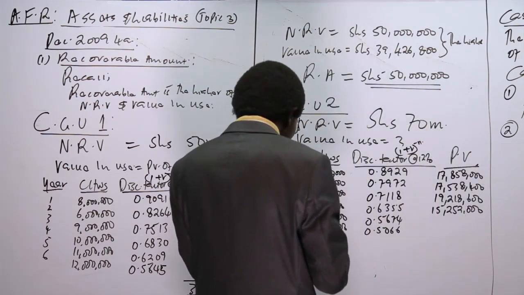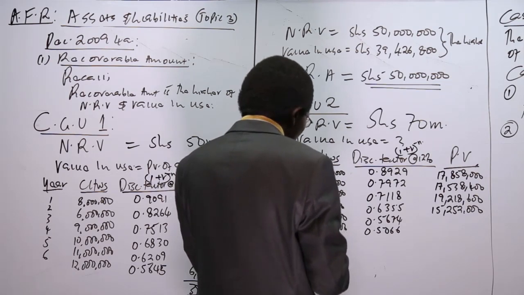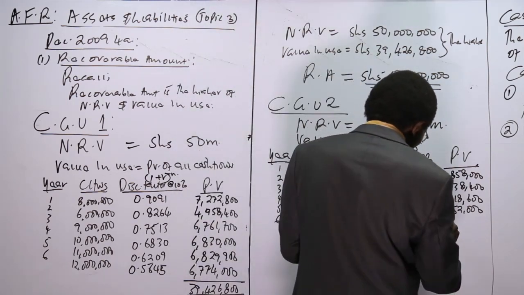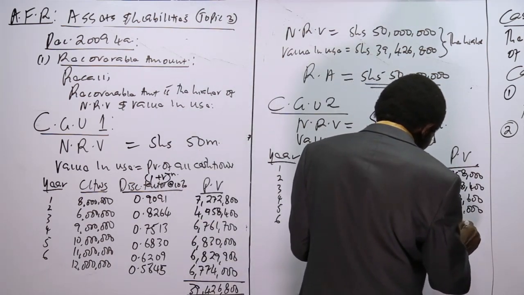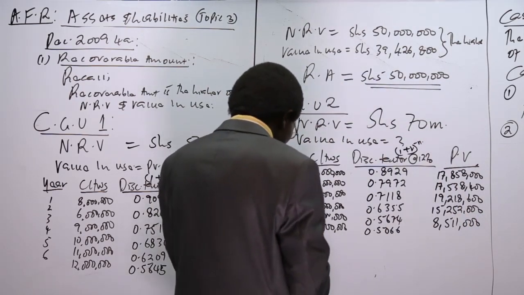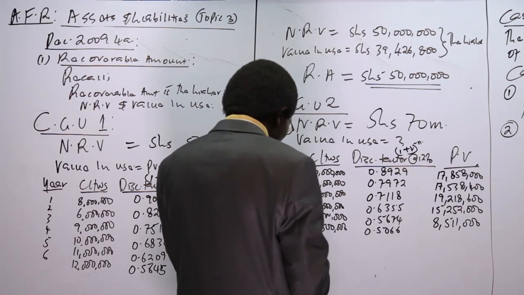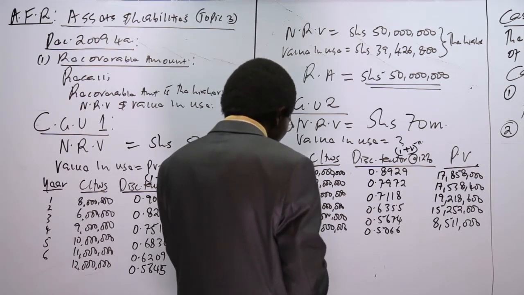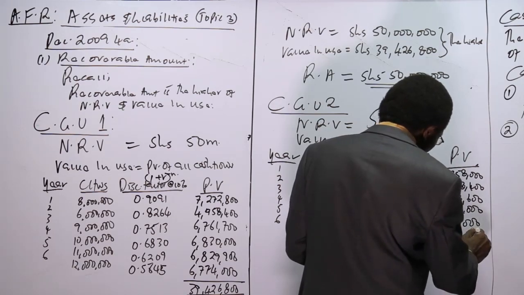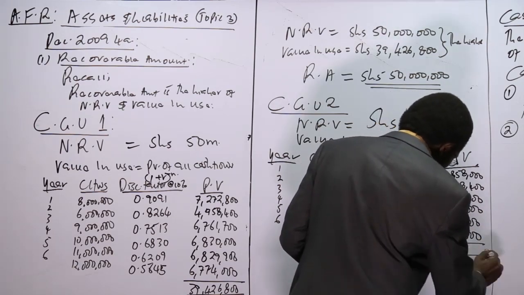Then 15 million multiplied by 0.5674 gives 8,511,000. Then 30 million, the last one, by 0.5066 gives 15,198,000. Then I get the subtotal.